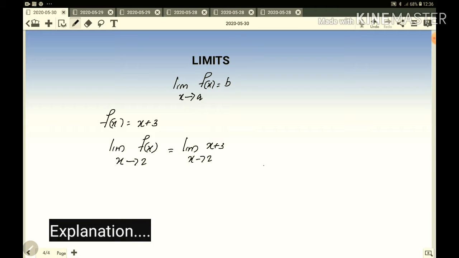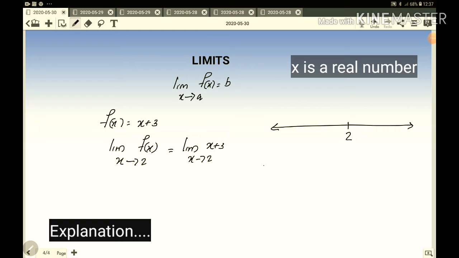I can explain this with the help of a number line. Let me draw a number line. See, a number line. Then I plot a point 2 here. Because x moves to 2, x can move to 2 from left and right.